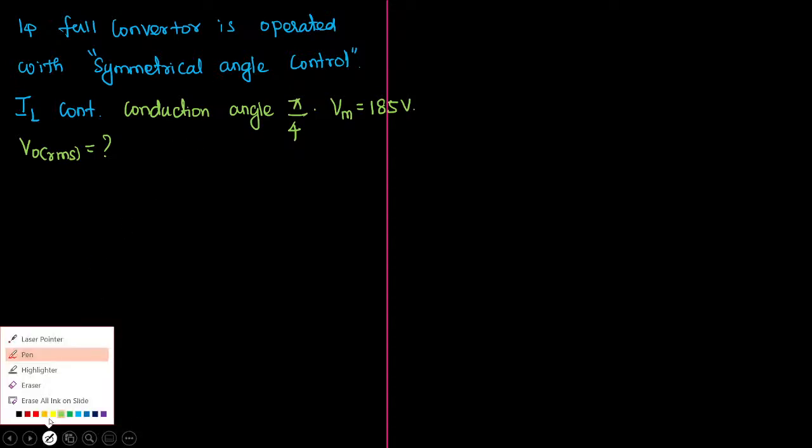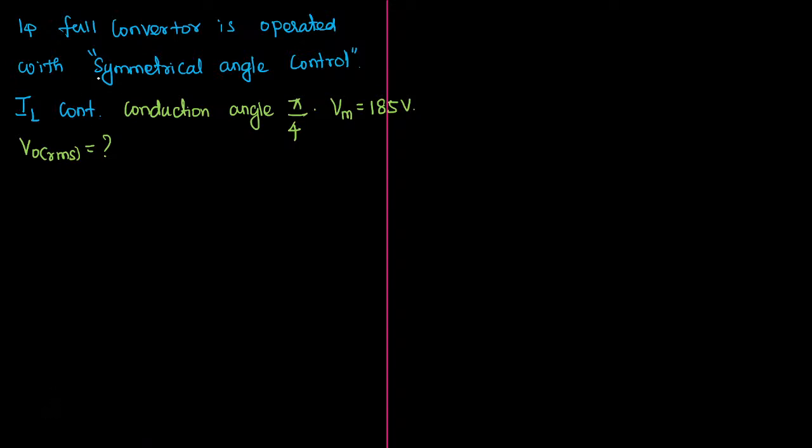Sir, first of all, what is this symmetrical angle? Just think about it. You don't need to memorize anything and you don't need to learn anything new. What is the meaning of symmetrical angle control? At least tell me that. Anybody? Okay. So now I am giving the answer.